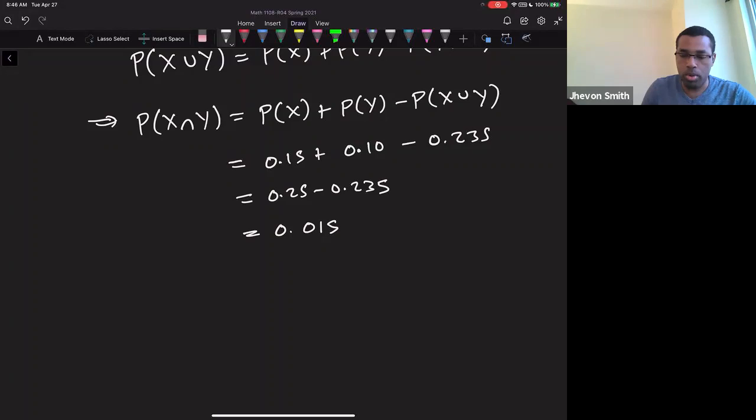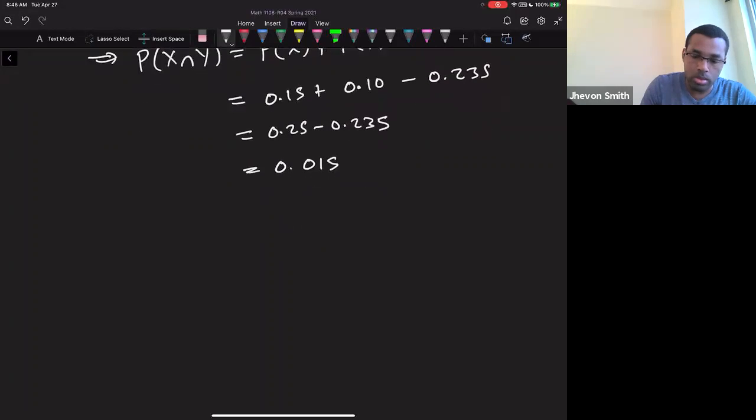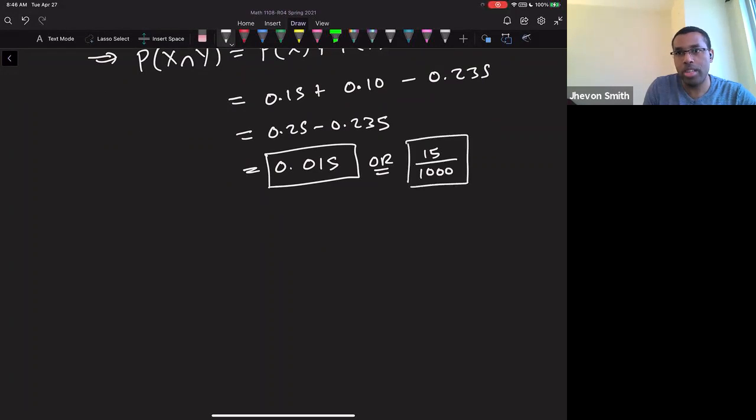Okay, so that's the proportion of students. Or you can say it's 15 out of 1,000 students will get an A in both. That's the fraction of students.